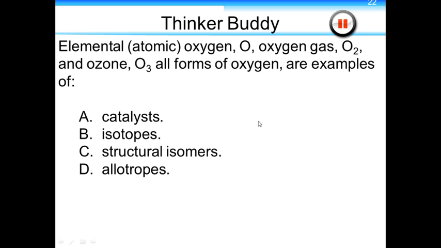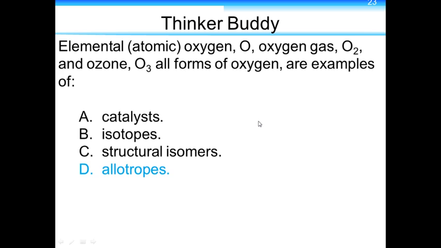Another thinker buddy. Elemental oxygen, oxygen gas, and ozone, all forms of oxygen, are examples of A, catalysts, B, isotopes, C, structural isomers, or D, allotropes. This is what we talked about earlier, defining that term allotrope.